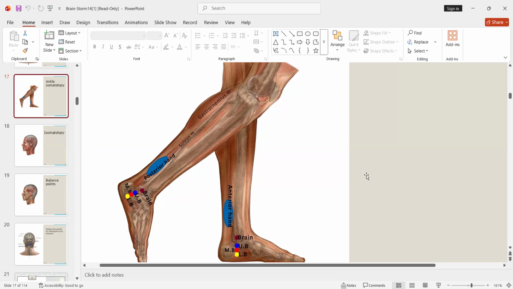No. When a person is not able to open the fist, then use the posterior side. UB 58 and 59 points. If he is not able to make a fist, then use the anterior side. Okay.